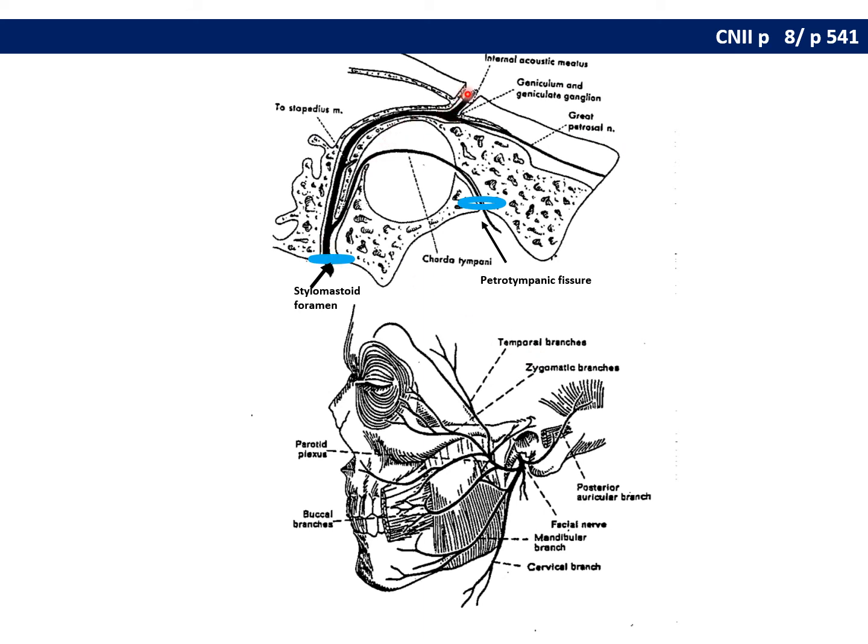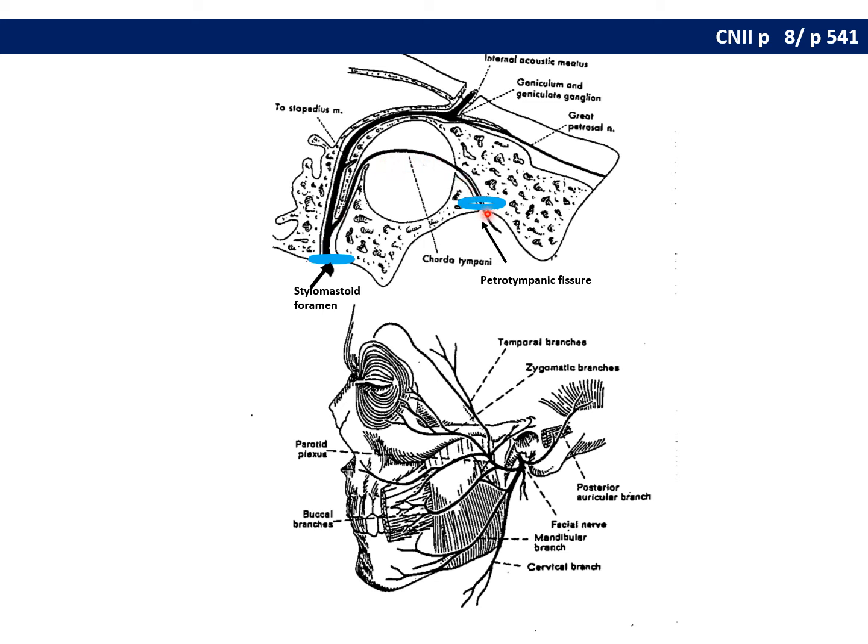So here again is our facial nerve, and it goes through this geniculate ganglia, and then within the bone, in the middle ear, in the petrous part of the temporal bone, is this facial canal, and then it sends this tiny nerve to the stapedius muscle, and then here's the chorda tympani going through the middle ear.